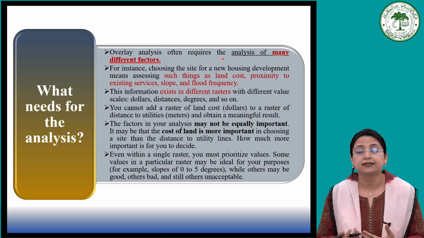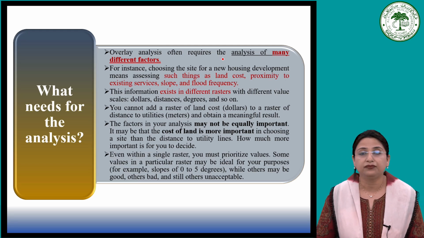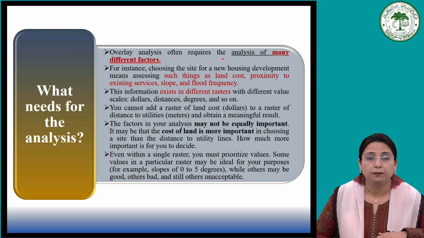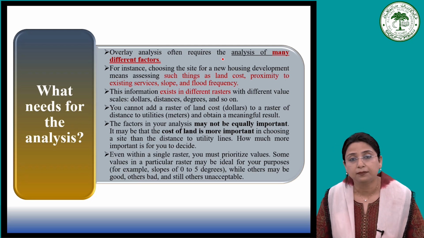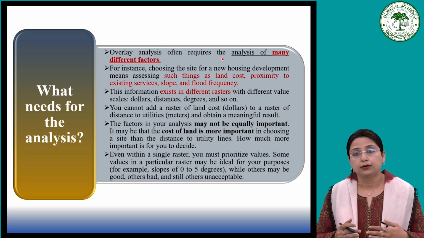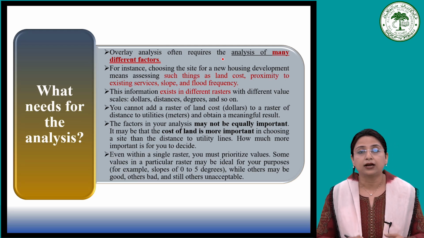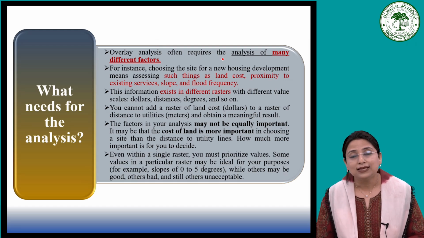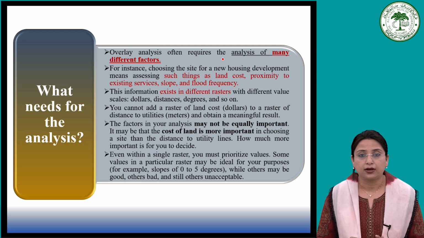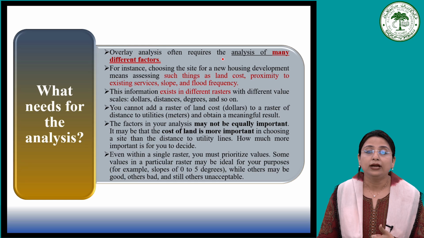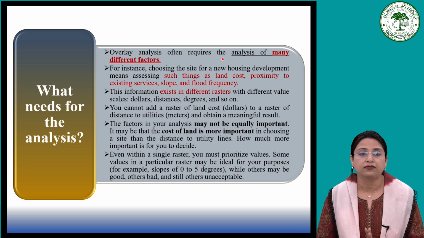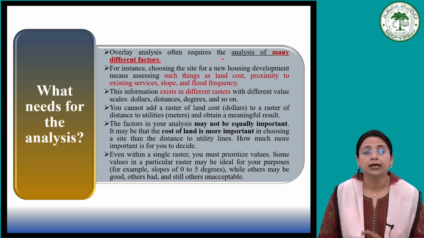Those factors may be the existing road layer, the demography of that place, the elevation of that place, or the existing road network present in that place. So these are different factors to be considered and combined. So the first need of overlay analysis is that we need many different factors to be considered in terms of the input layers.